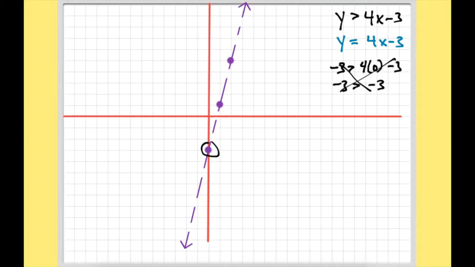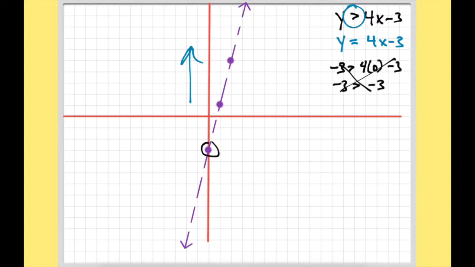Now the question is, do I want the area on the left-hand side or the right-hand side? Or another way of looking at it is, do I want above the line or below the line? Now a little hint, when we're in slope-intercept form, if y is greater than, then we're looking above the line. If y is less than, we'd be looking below the line.